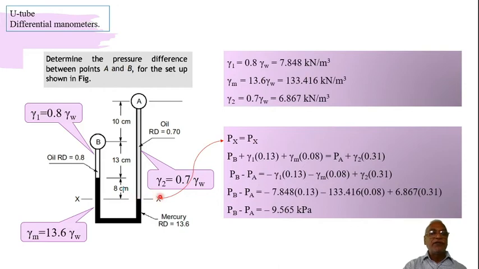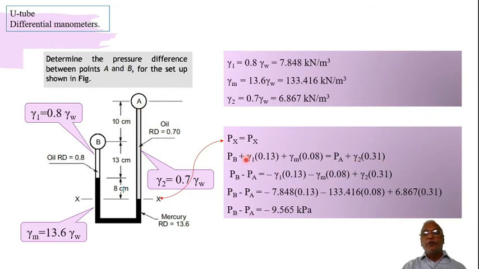Now how is this written? Here Pa, I go down in gamma 2 through a total distance of 10 centimeter plus 13 centimeter plus 8 centimeter. It is continuously the same liquid, and the total over here is 31 centimeter or 0.31 meters. So on the right hand side we have Pa plus going down in liquid gamma 2 through a distance of 0.31.